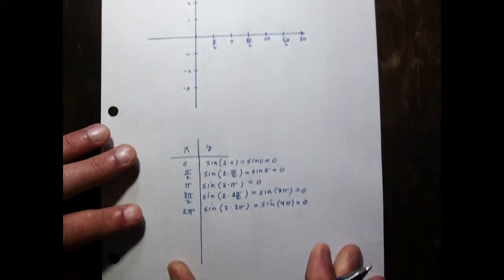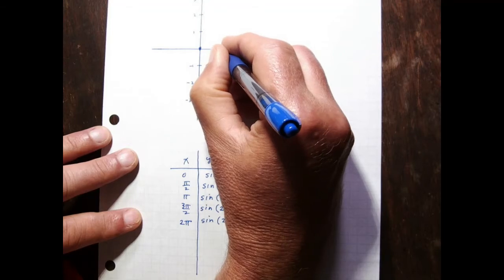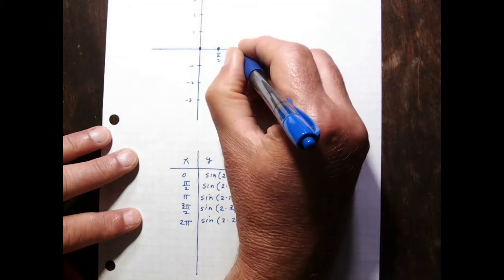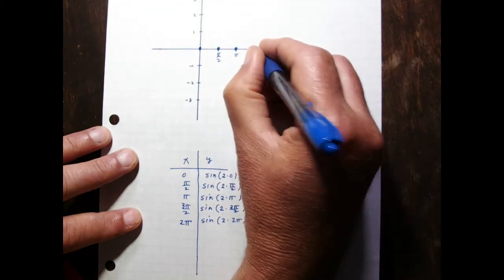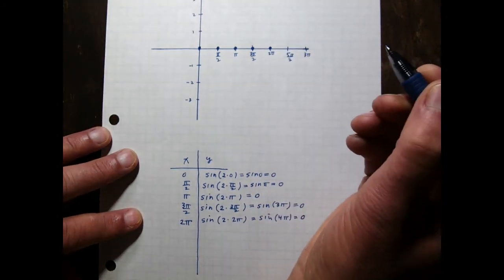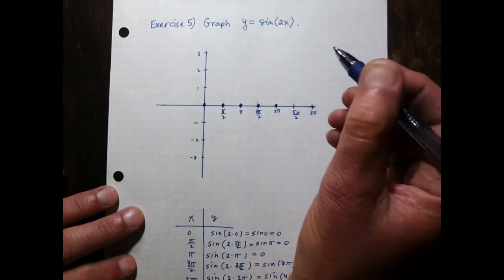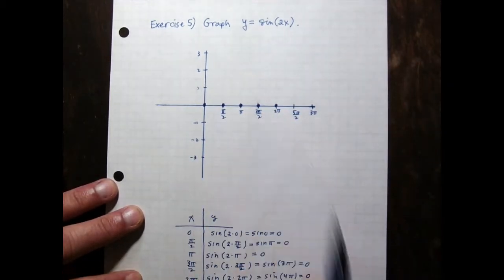So far on my graph, I have 0, 0, pi over 2, 0, pi, 0, 3 pi over 2, 0, and 2 pi, 0. I'm just getting a whole bunch of zeros, and now I think you should suspect that for this function, the graph is not just a horizontal line.